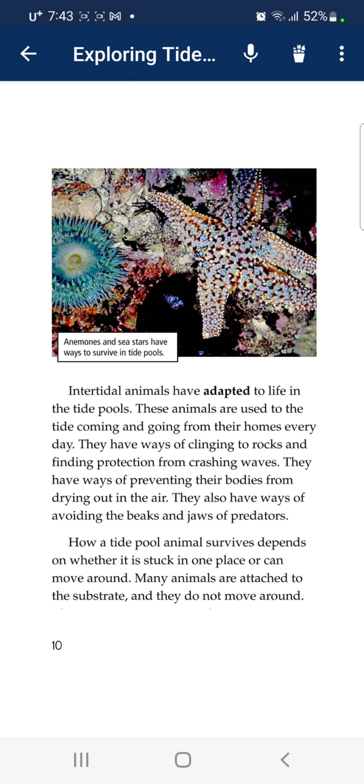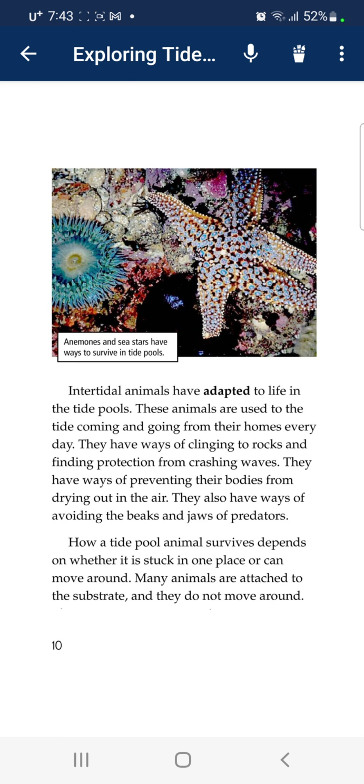Intertidal animals have adapted to live in the tide pools. These animals are used to the tide coming and going from their homes every day. They have ways of clinging to rocks and finding protection from crashing waves.